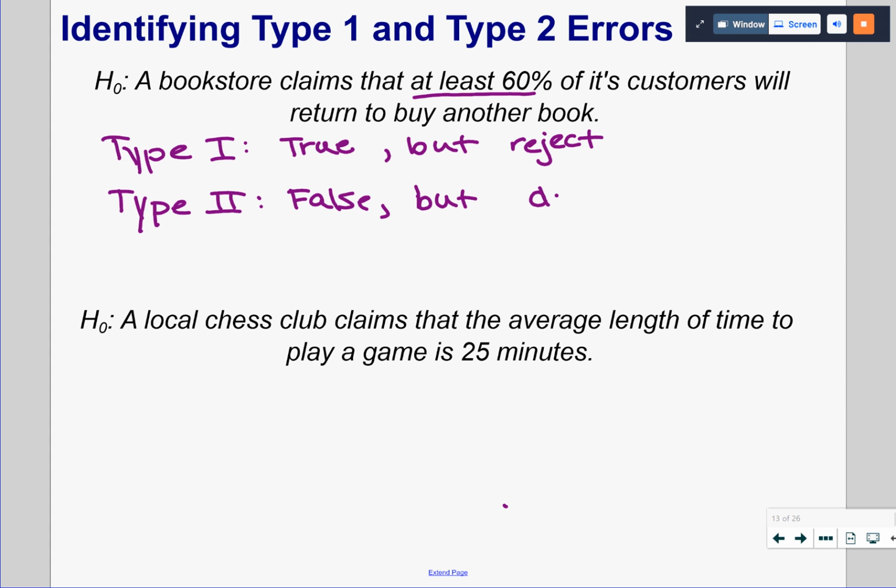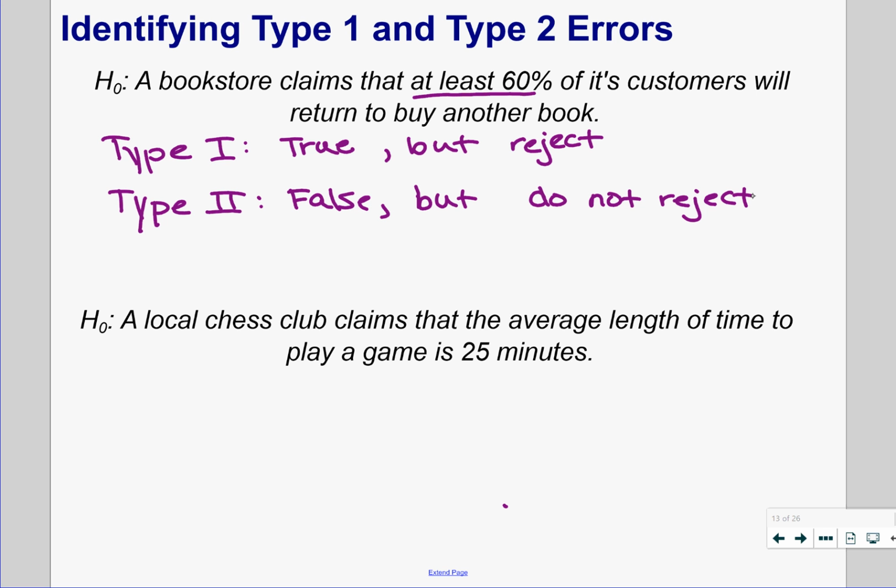So we do not reject it, even though when it comes to the entire population, that is not a true statement. Does that make sense, how the sample you choose can sway that statement one way or the other? Depends who you ask to determine if it's going to be at least 60% or not. And the bigger your sample size, the less likely you are to make that error.